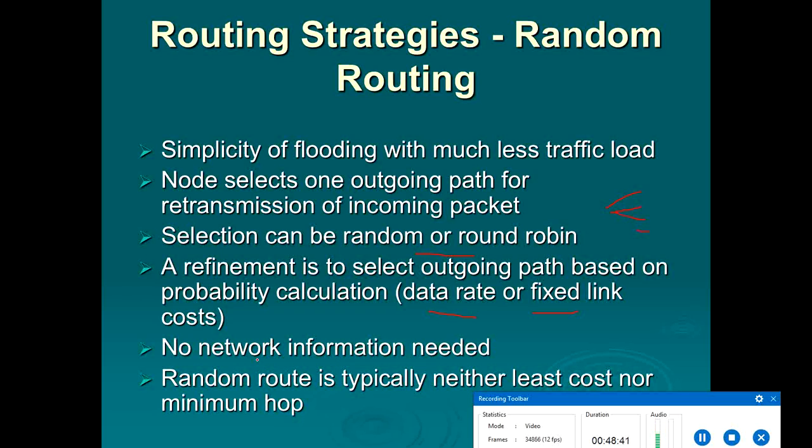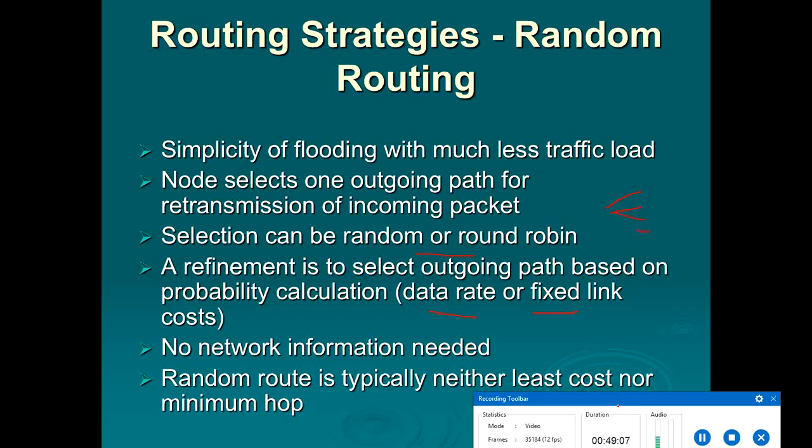Like flooding, this type of technique requires no network information. Because the route taken is random, the actual route can be neither a least cost route nor a minimum hop route. So the network must carry a higher than optimum traffic load, although not nearly as high as flooding.